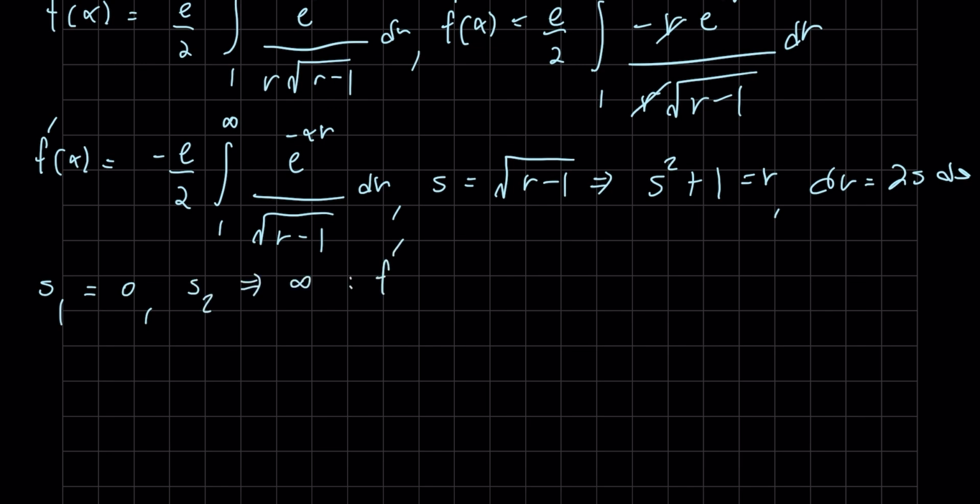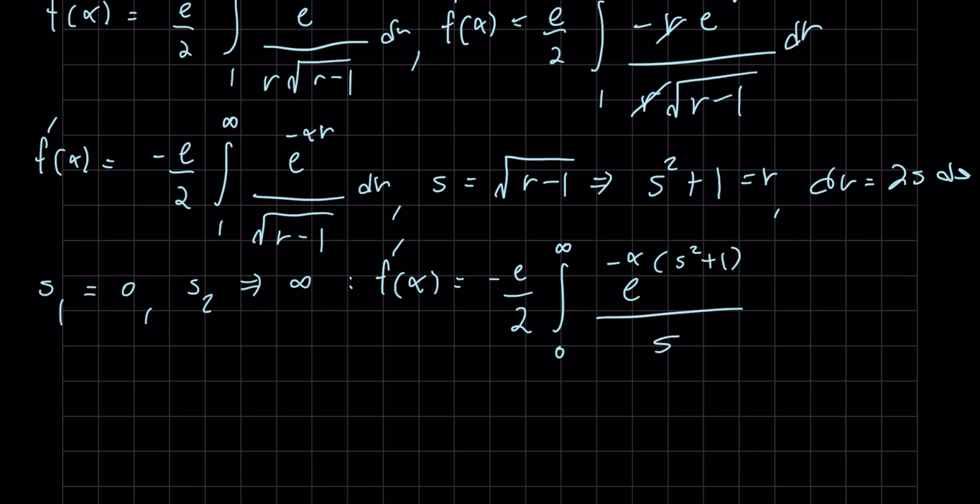So we're going to have f prime of alpha is negative e over 2, the integral from 0 to infinity e to the negative alpha times s squared plus 1, divided by s times 2s ds. Notice that the 2's cancel and the s cancels as well.